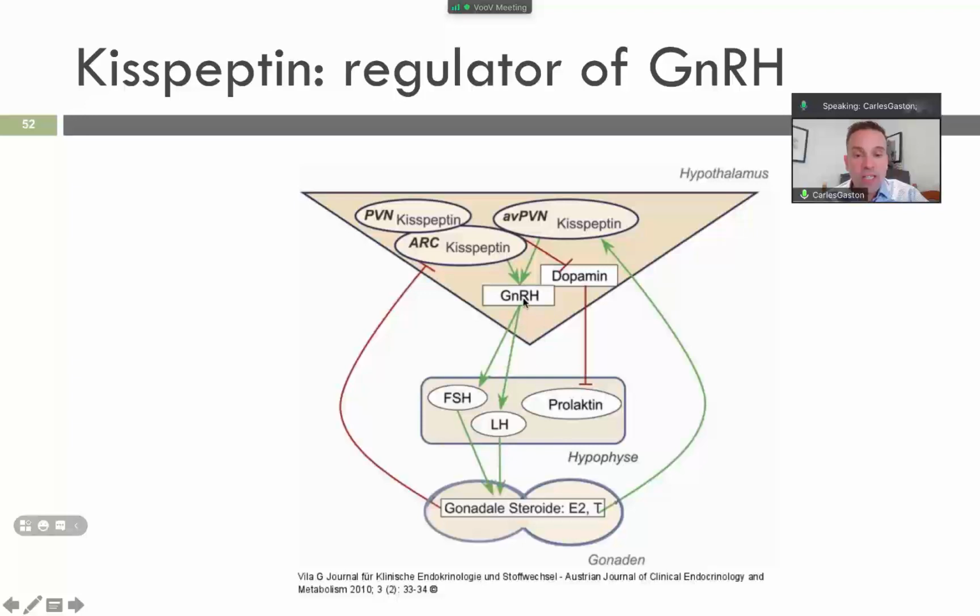The gonadotrophin releasing hormone activates LH and FSH. LH and FSH in turn will work on the gonad to produce gonadal steroids, and high levels will have an inhibitory effect. We will study this mechanism in more detail at the end of the module in May when we study the hypothalamic pituitary gonadal axis.